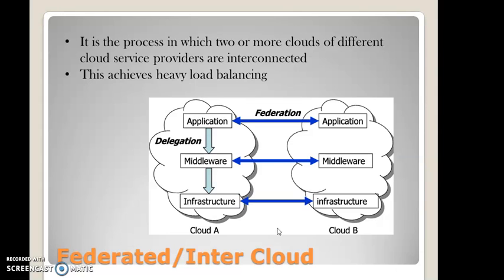By doing this, cloud service achieves heavy load balancing. It helps cloud providers to expand their existing worldwide services and accommodate sudden increase in demand without making any new investment. And if the load increases, then services of that particular cloud are accessed by different cloud service providers, and in this way load balancing is achieved.